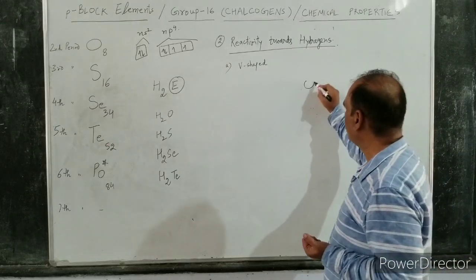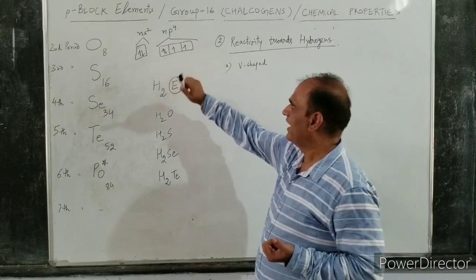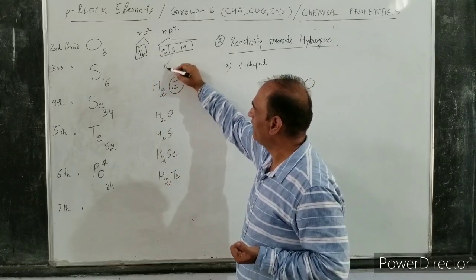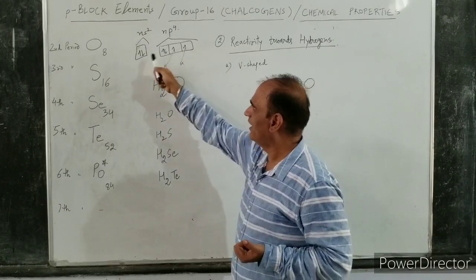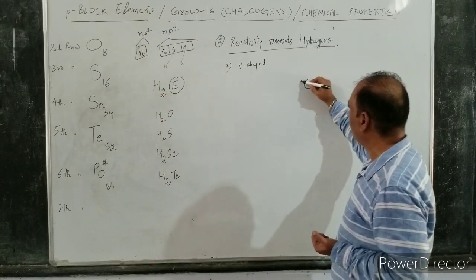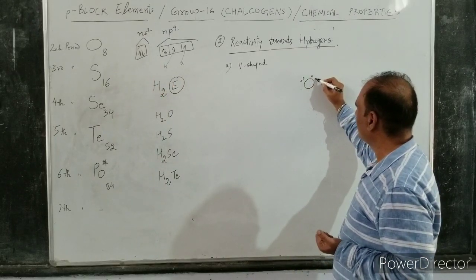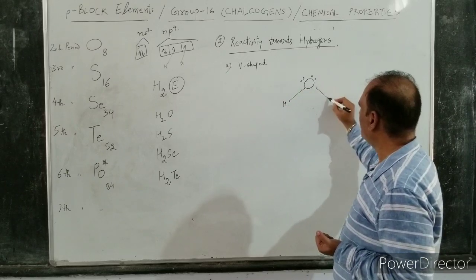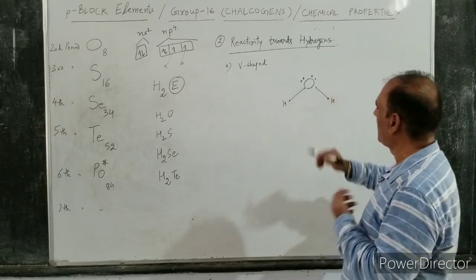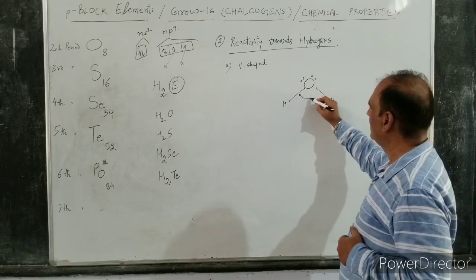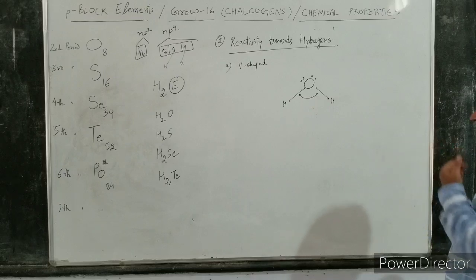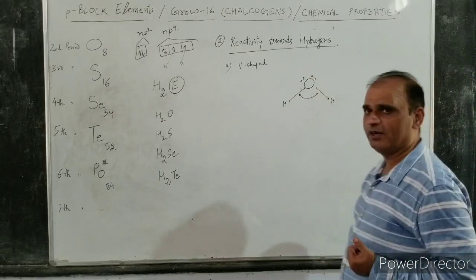The central atom has 2 unpaired electrons which combine with hydrogen, and still there are 2 lone pairs of electrons on the central atom. Due to these 2 lone pairs, the bond pairs are pushed away, so the angle is less than 180. So hydrides are not linear, they are V-shaped or bent.